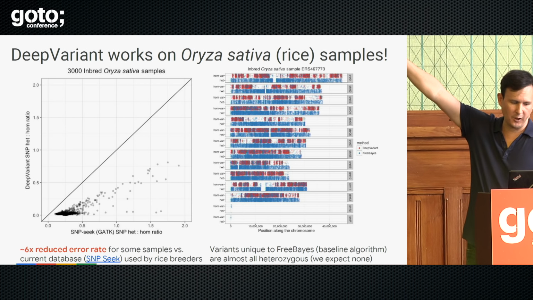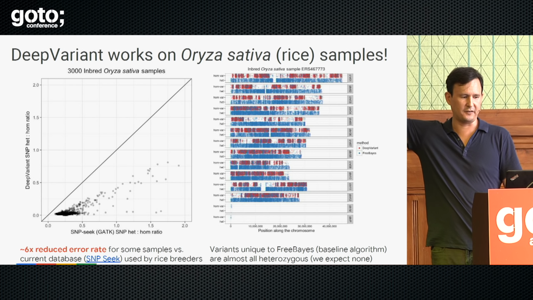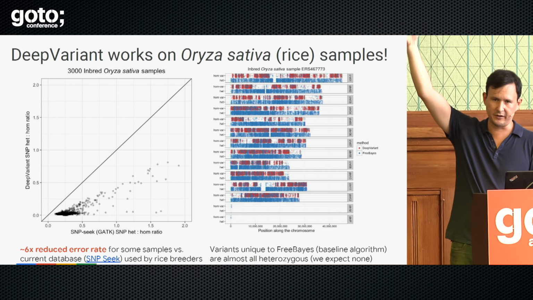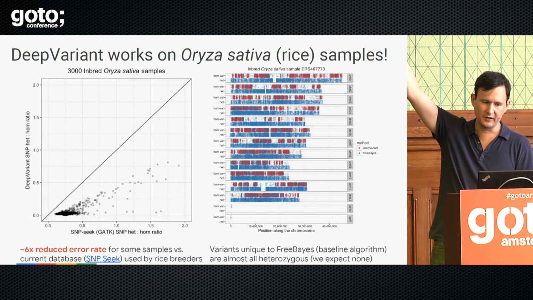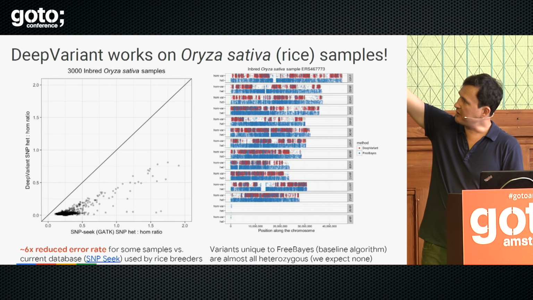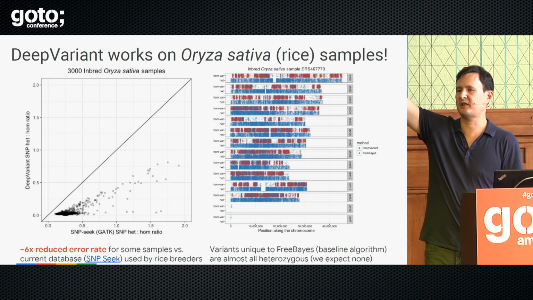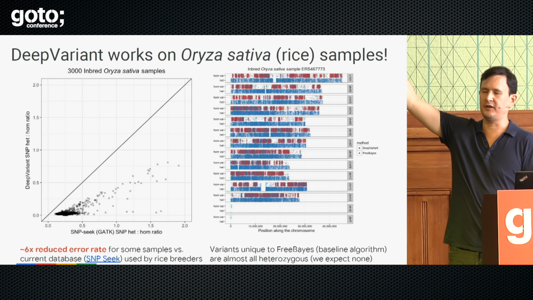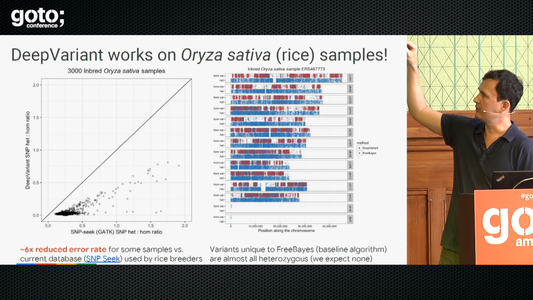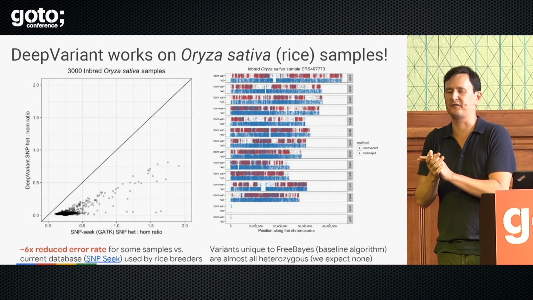What I'm showing on this plot is a previous method on the x-axis versus the DeepVariant deep learning-based method on the y-axis. If they were performing equally well, you would see basically a smear along the diagonal, meaning they have approximately the same amount of noise, or are modeling approximately the same, not biased in any way.